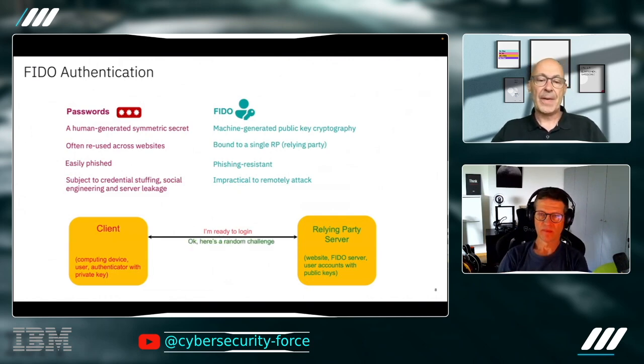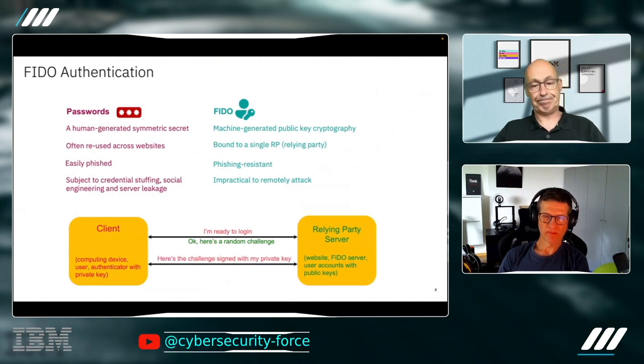Then the web server creates a random number, a random string, which is called the challenge, and gives that to the client. Then the client takes that and asks his authenticator to sign that challenge with the private key, and to do that calculation using that private key.